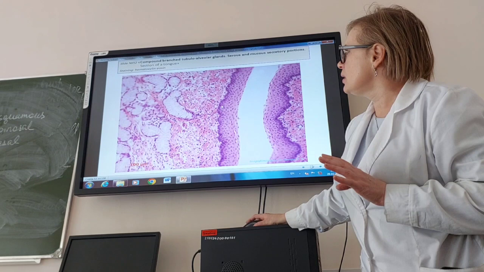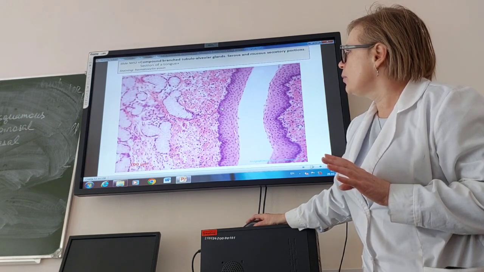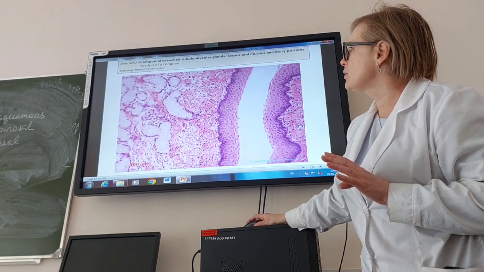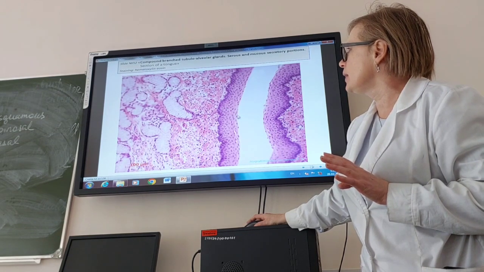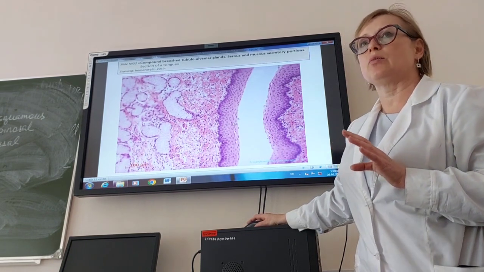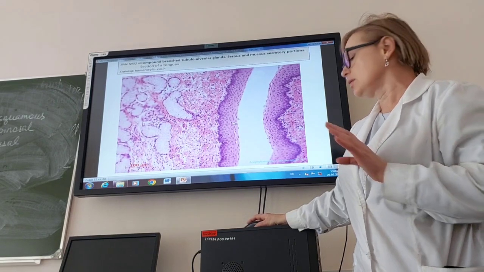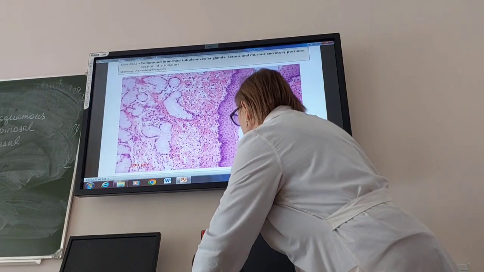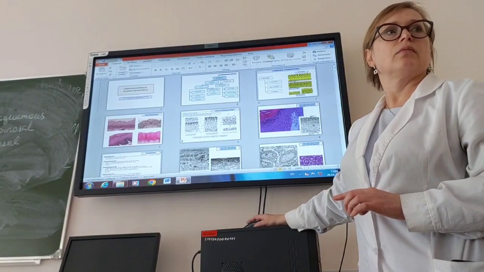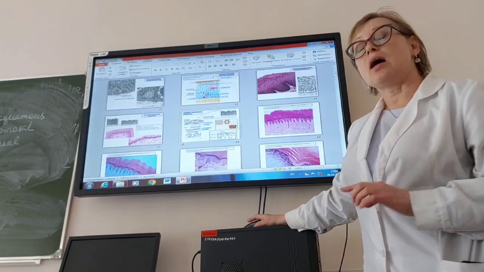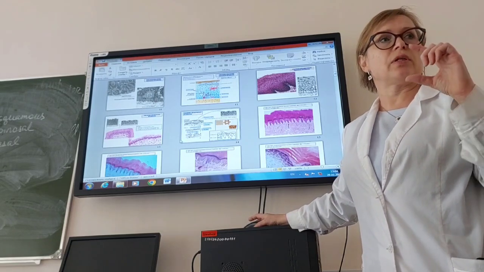So we can see the basal layer, where we see oval and round nuclei, this spinosal layer, and where we can see flattened nuclei, this is the squamous layer. Is it clear? Yes. Okay. The nucleus always repeats the shape of the cell.